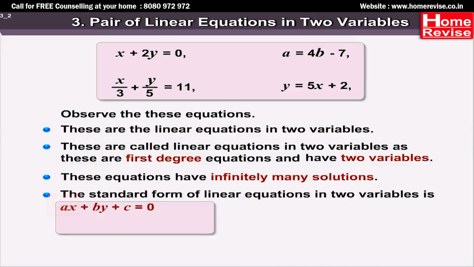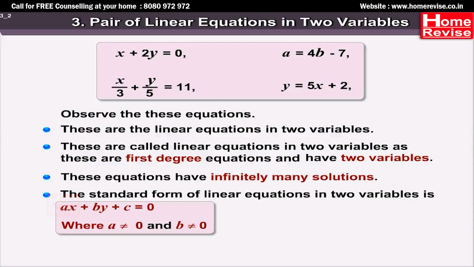The standard form of linear equation in two variables is ax plus by plus c is equal to 0, where a is not equal to 0 and b is not equal to 0.